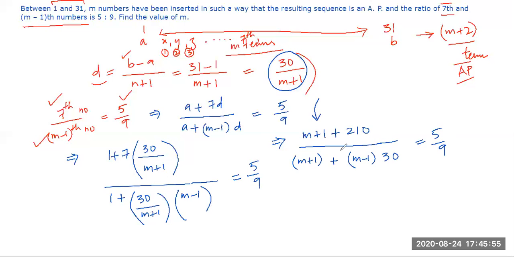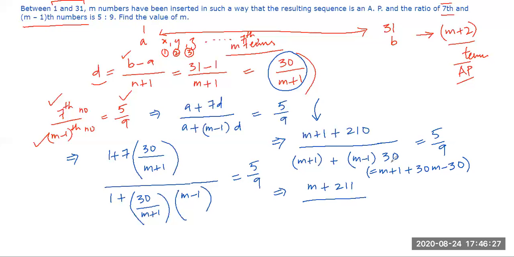m plus 1 plus 210, m plus 1 plus 30 into m minus 1 is 5 by 9. So we can write here m plus 211 divided by, now what is this? This is m plus 1 plus 30m minus 30 when you multiply this.